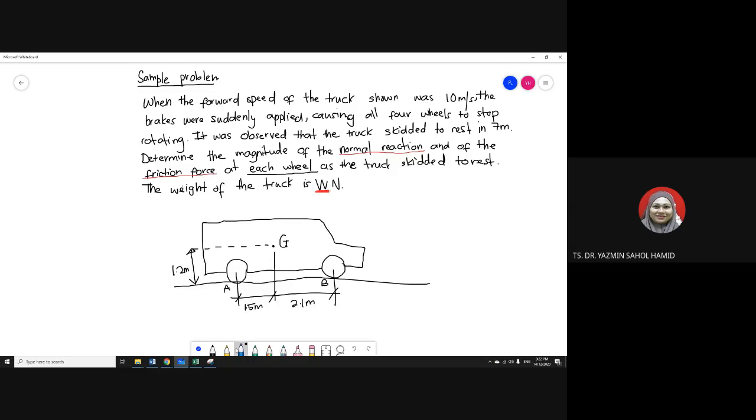So we take note. This is rigid body. And we're going to use Newton's second law to solve this problem. Okay. Alright.